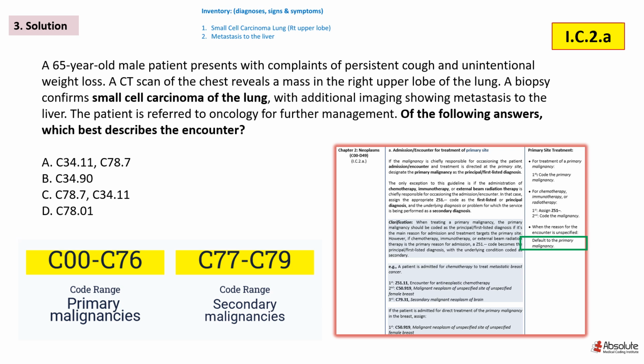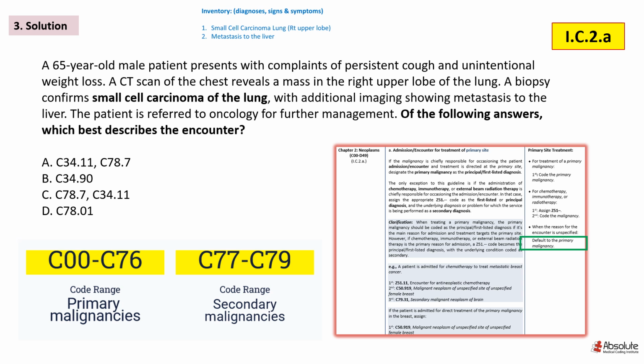I think what they want you to do is they're moving towards looking at the documentation and determining which one was chiefly treated. And we really can't tell. I know I can't, but if you can't tell, use this default. You can't go wrong.